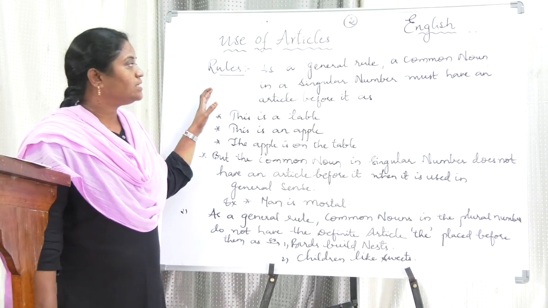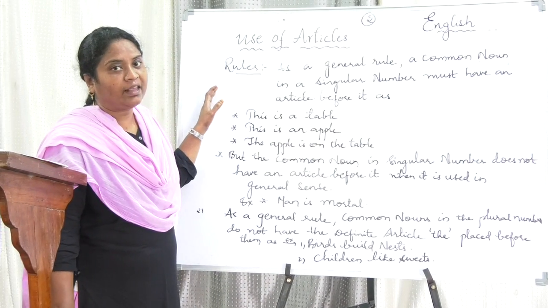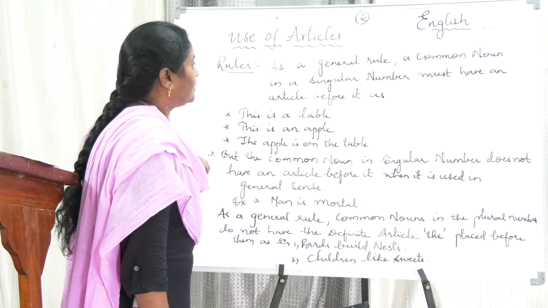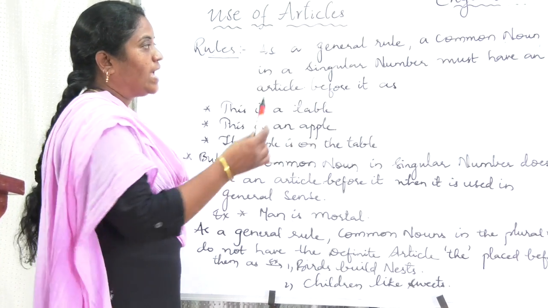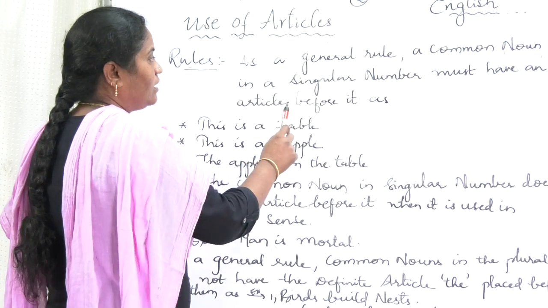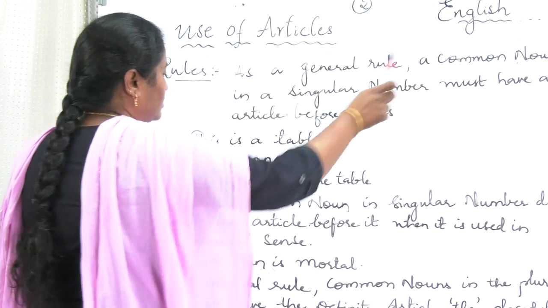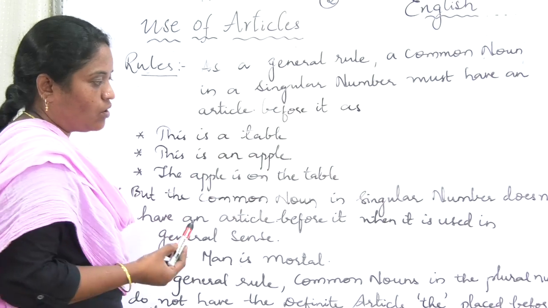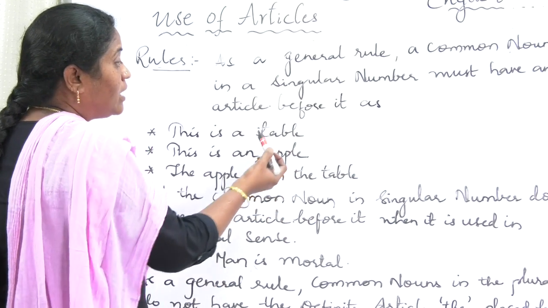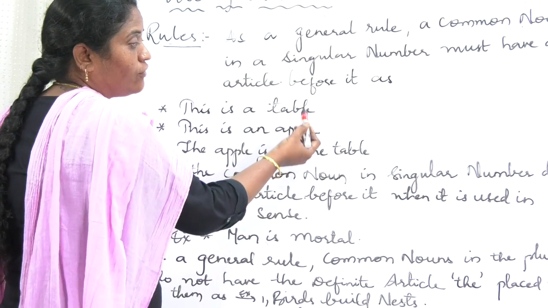Okay, so now let us discuss a few rules on where and how to use an article. Okay, so the first one: as a general rule, a common noun in the singular number must have an article. Okay, a common noun. See, table is a common noun, apple is a common noun. These are in singular form, right?